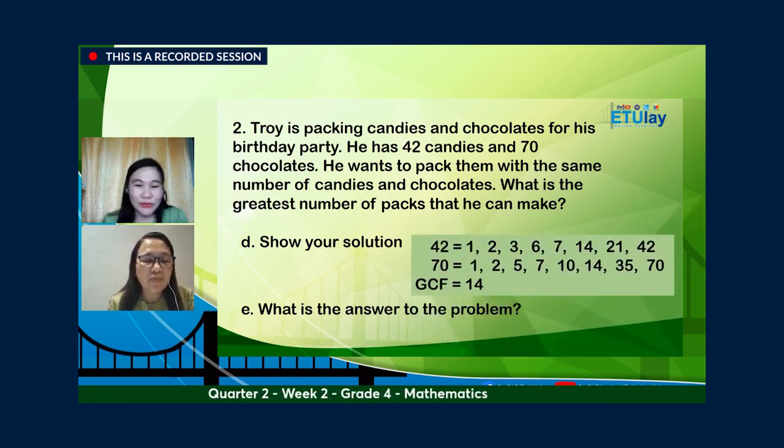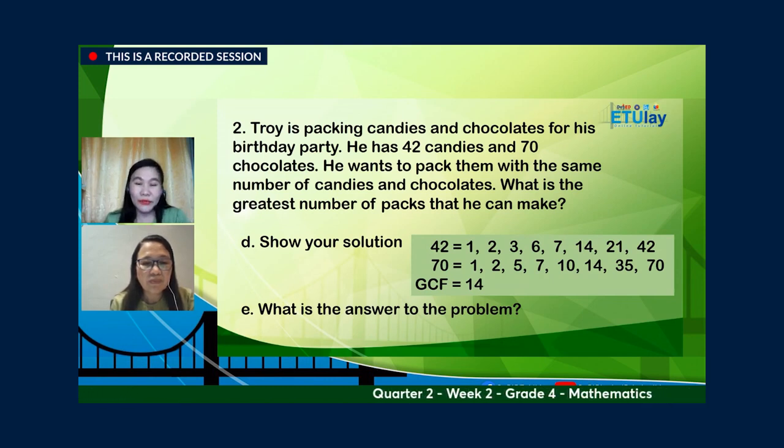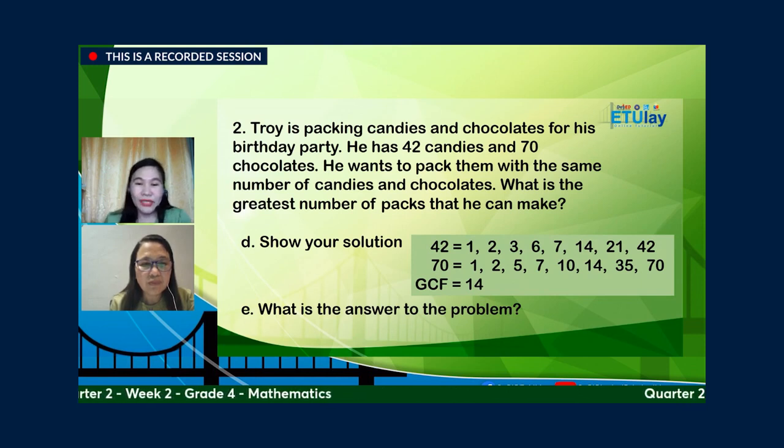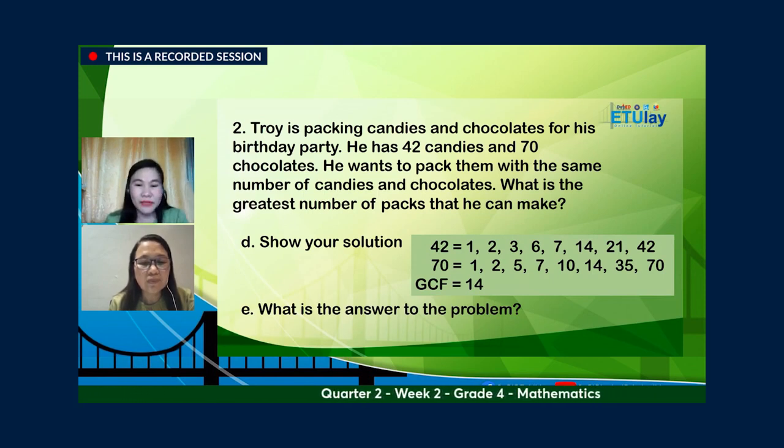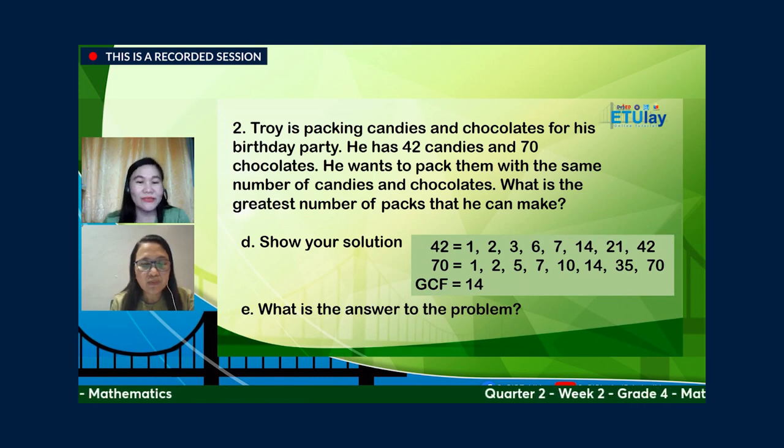So kung ang sagot nyo ay nakikita nyo yung mga factors natin sa 42 and 70. We have there 1 for 42. We have 1, 2, 3, 6, 7, 14, 21, and 42. Number 70, we have there 1, 2, 5, 7, 10, 14, 35, and 70. So obviously, the greatest common factor is 14.